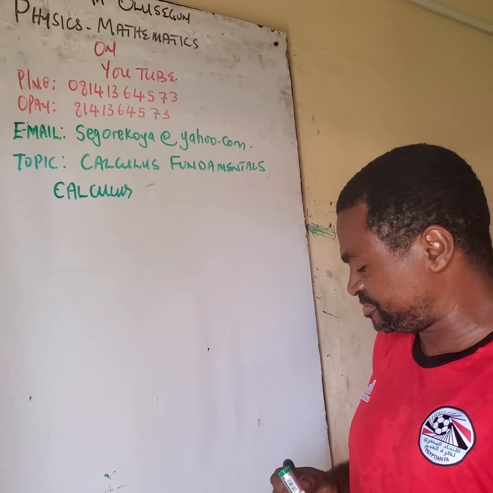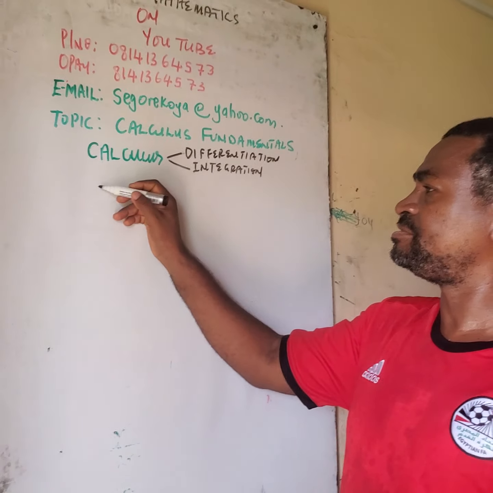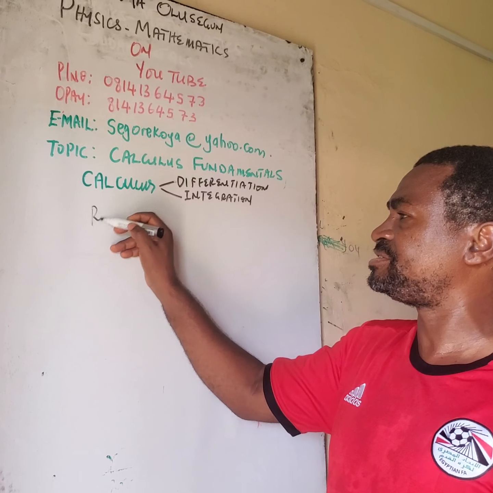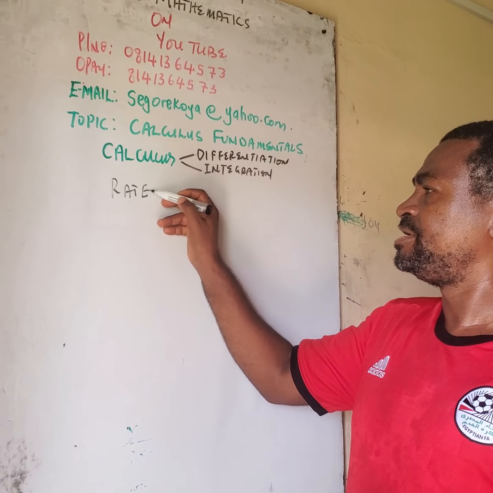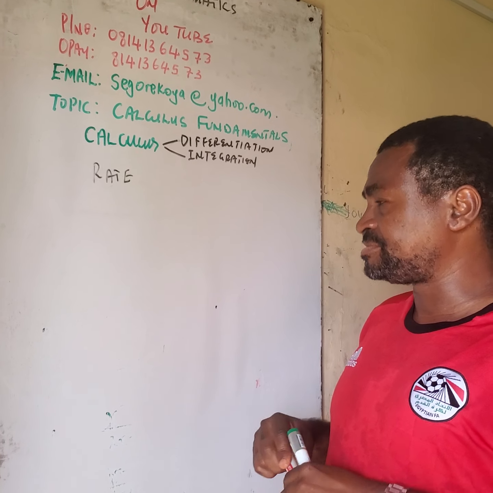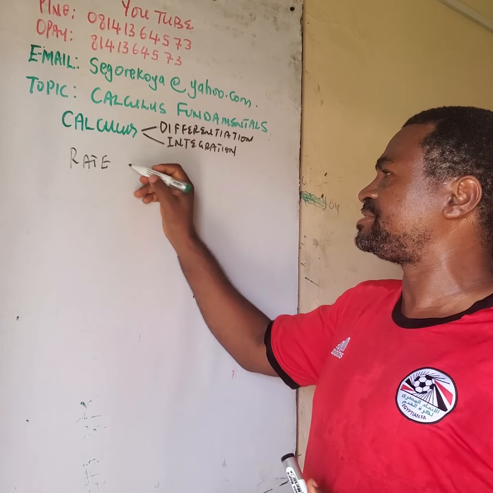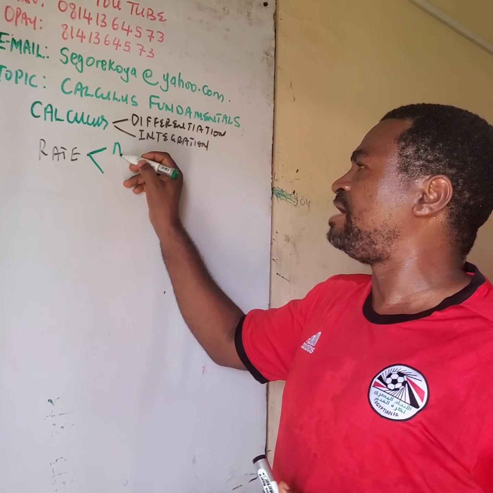Now, I want to start from the point of view of what is called average rate. There are two sets of rates. Take note of this. We have two sets of rates, and the first set is called average rate.